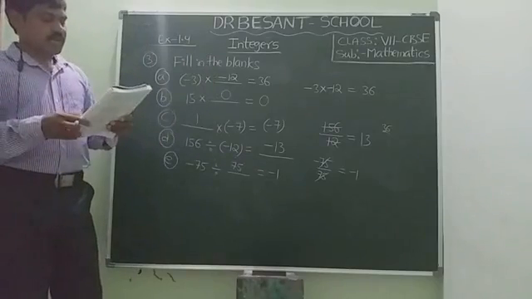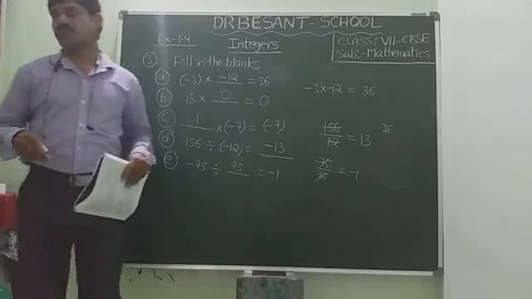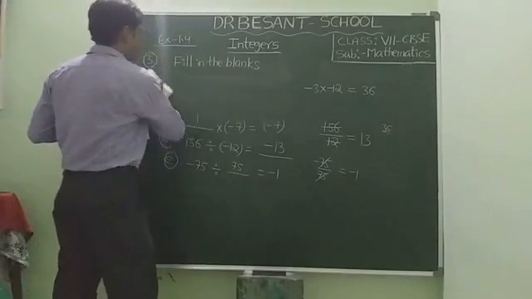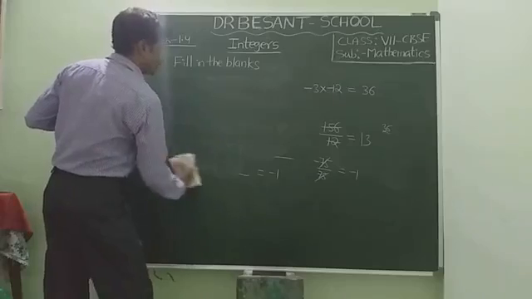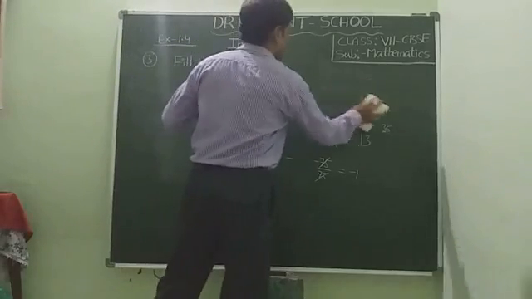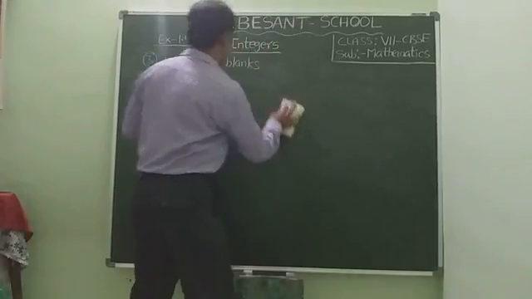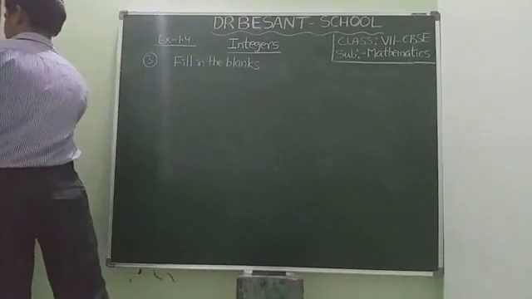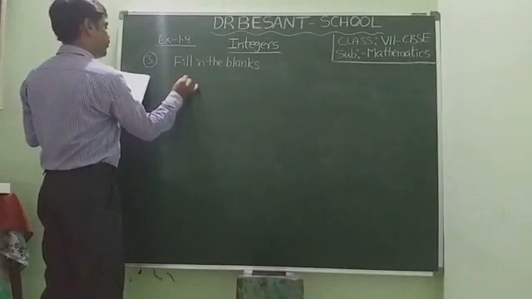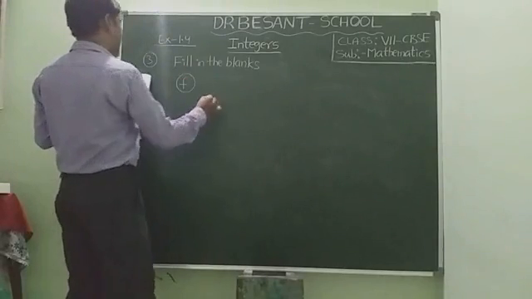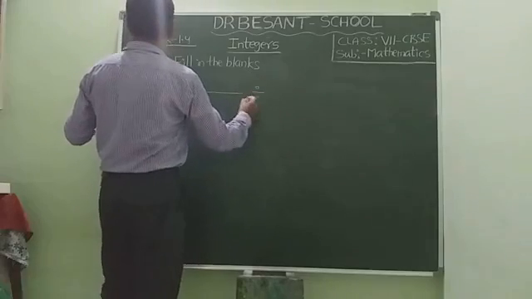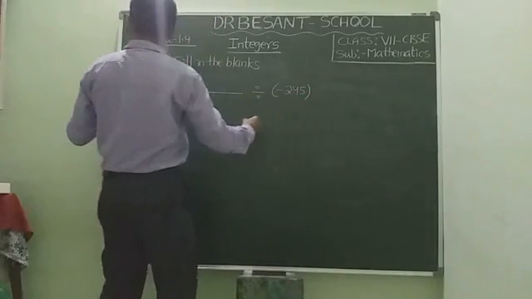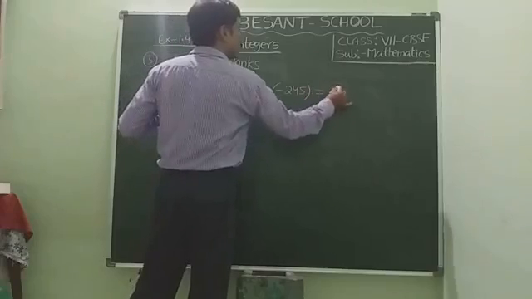Next, F, G, the two sums also we will complete. So what is the fill in the blanks? F. Next problem, note down children, F and G. So next, F: dash divided by minus 245 is equal to 0.